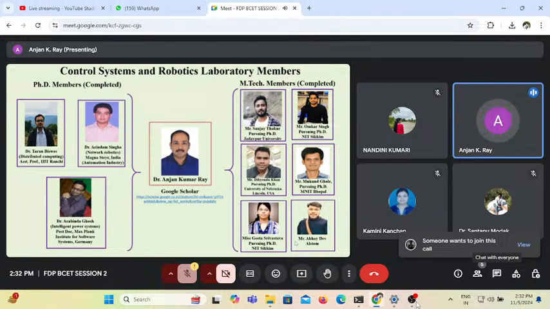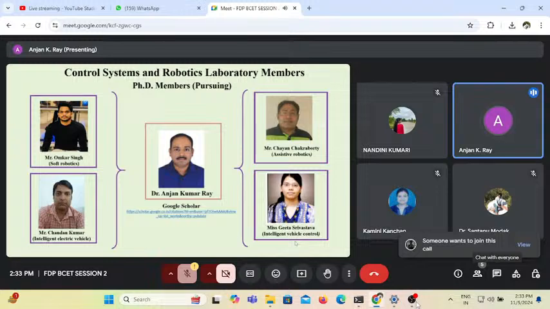Another scholar completed his PhD, and he is now a postdoc at Max Planck Institute for Software Systems, Germany. And we have several MTech members. Mostly they are doing their PhD in NIT Sikkim or other universities around the world. Currently, we are working on different perspectives of control systems, including soft robotics, intelligent electric vehicle, assistive robotics, and intelligent vehicle control.